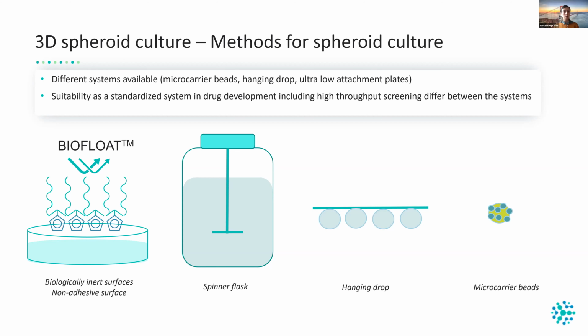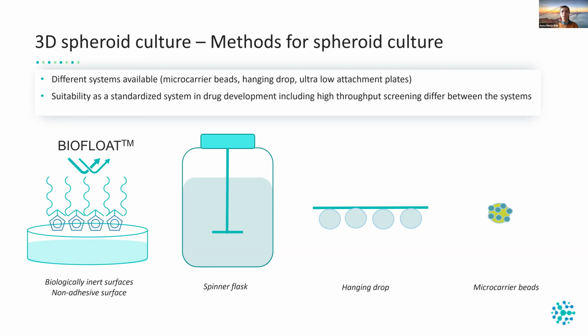This technology is used in our BioFloat plate. But you can also culture your spheroids in so-called spinner flasks, in which stirred vessels are used to prevent the cell adhesion to the surface of the plate and allow 3D spheroid formation.